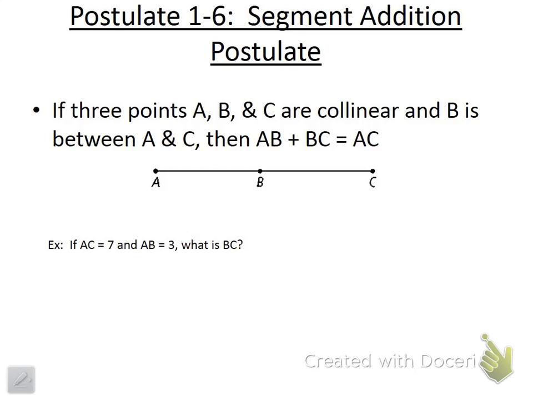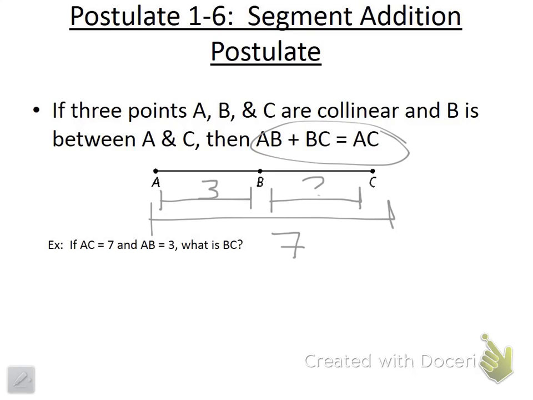So let's go ahead and try it. If AC is 7, so this whole thing is 7, and AB right here is 3, what is this? So this steps it up a little bit. It's a little bit more difficult. So my whole thing is equal to 7. Normally if I had AB plus BC equals AC, so those two segments equal the longest segment, what I'm going to do is replace it.